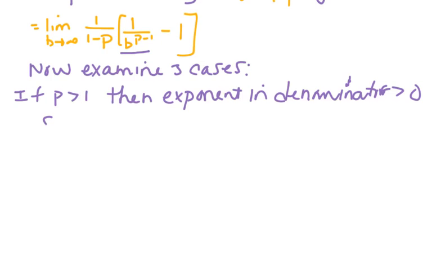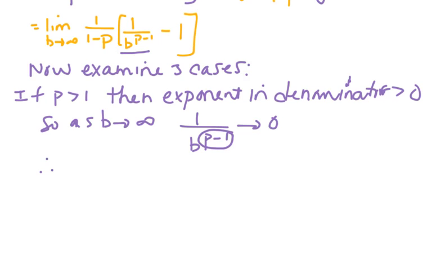So as b goes to infinity, 1 over b to the p minus 1 goes to 0, right? Because p minus 1 is going to be positive. So this overall term as b goes to infinity is going to go to 0.